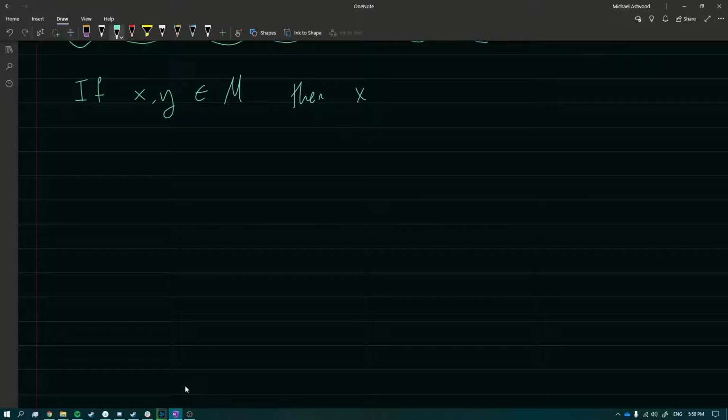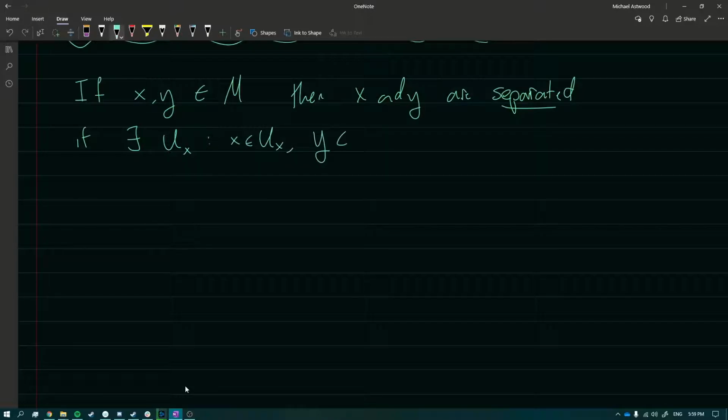Then x and y are said to be separated if there exists some open set ux such that x is an element of this open set and y is not an element of it. And similarly, there exists a uy such that y is in uy and x is not.